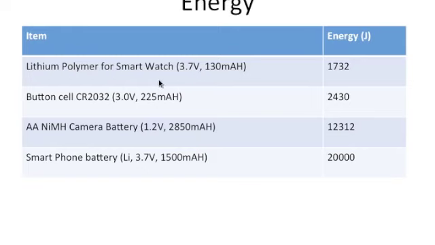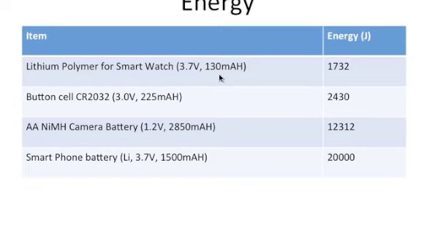For example, the smartwatch might use a lithium polymer type battery, very thin flexible batteries, because these devices are very small. And this particular smartwatch I looked up had 3.7 volts and about 130 milliamp hours.